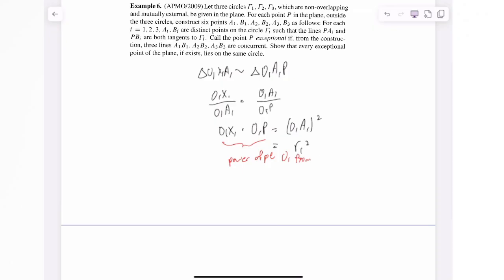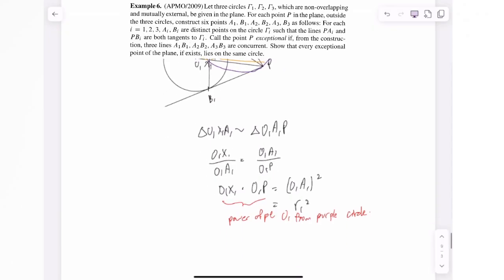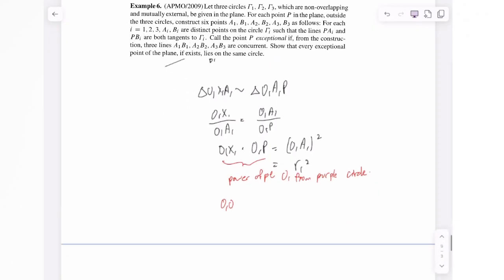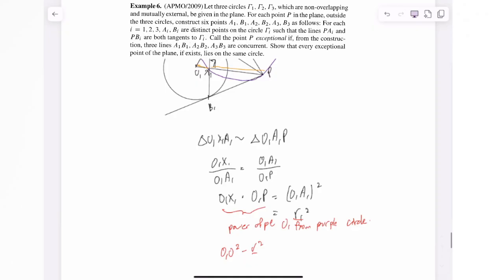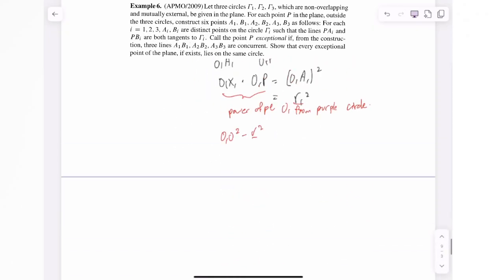from the purple circle, which can be written in its other form, which is O1O squared minus R squared, where this R is not the same as R1. This R is the radius of the purple circle.